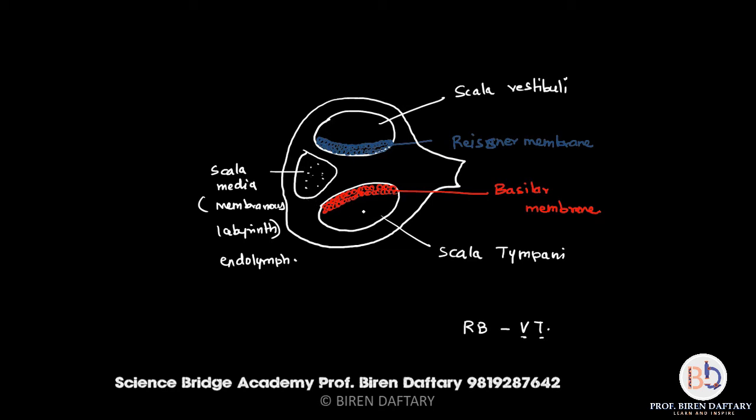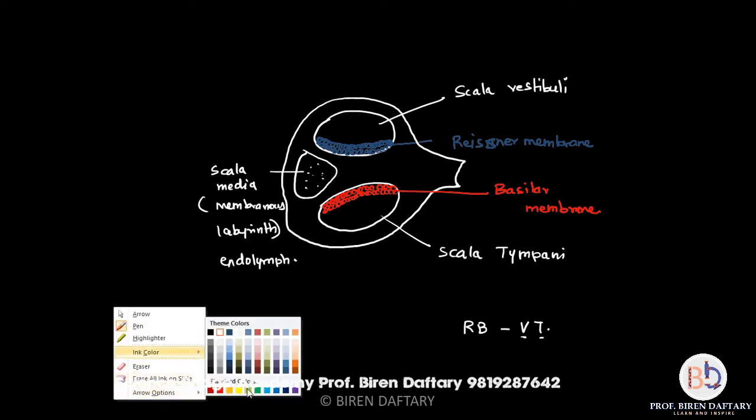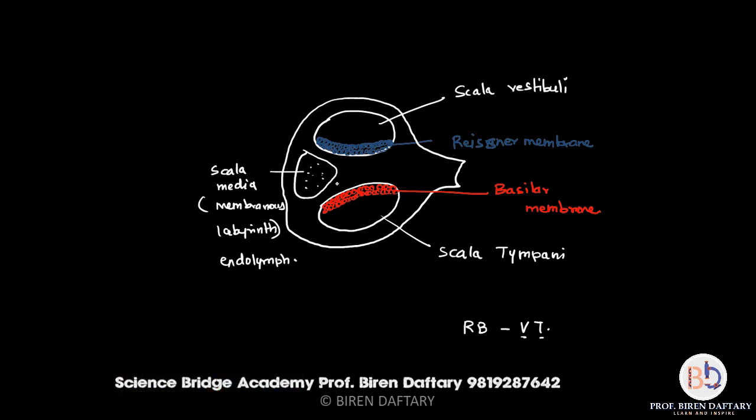endolymph. Now above the scala tympani are basically columnar cells which are present. Okay, so I hope everybody knows what columnar cells are. These columnar cells are column like and they are long, okay, and they are ciliated.